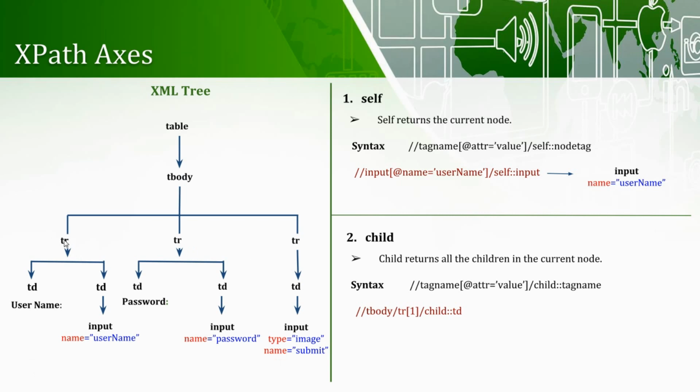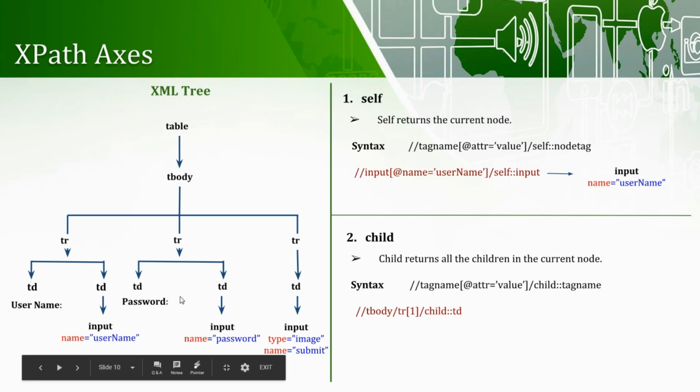It has two children, td[1] and td[2], and child will return all the children. Now I am saying the tag name. Here I have written the tag td because the tag for tr children is td. So when I say td, it will return both children. The output will be td username as well as the input text box, so it has returned the username label and the input text box.